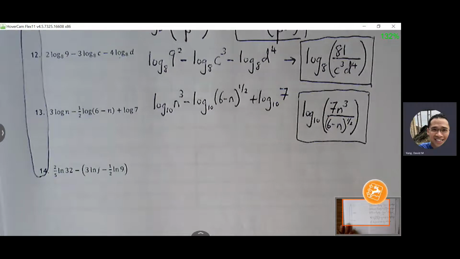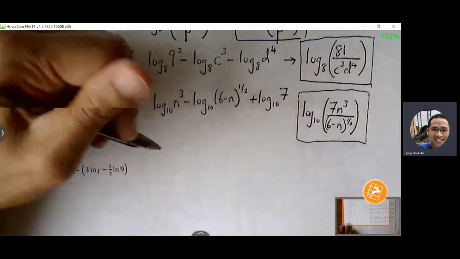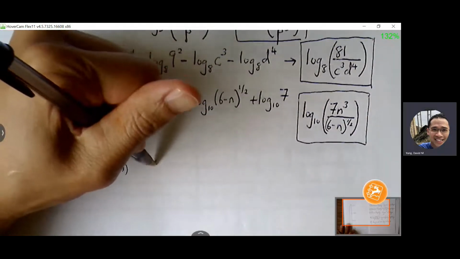For number 14, I think the parentheses make it more confusing, so I'm just going to distribute through and handle it from there.